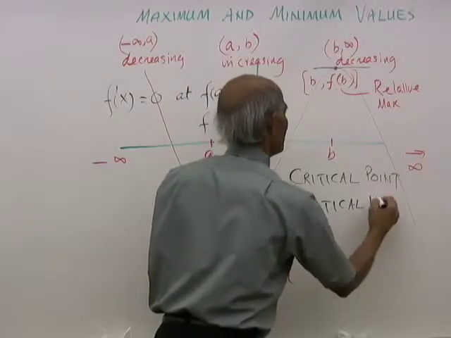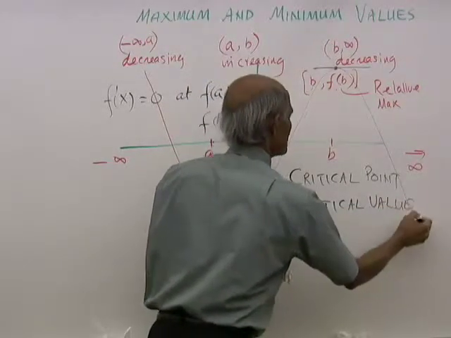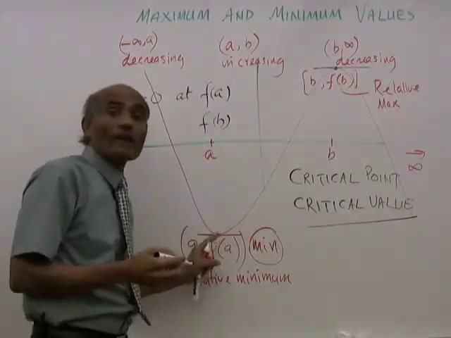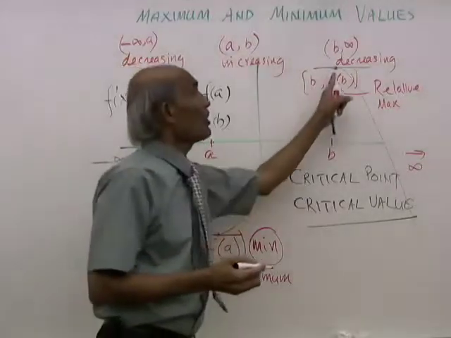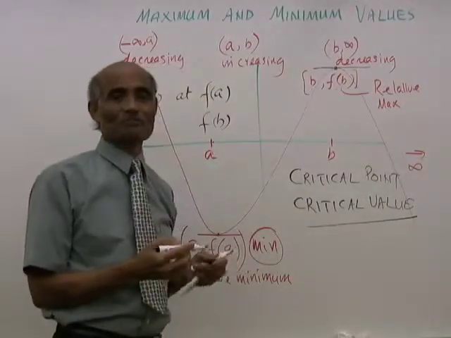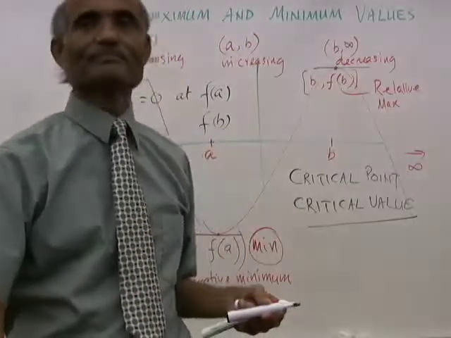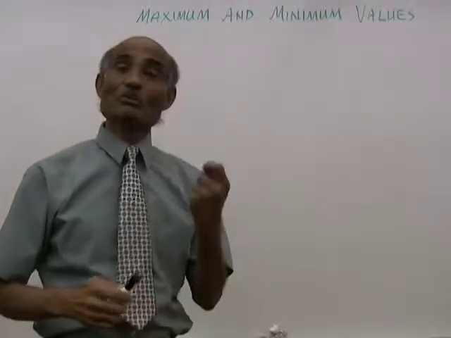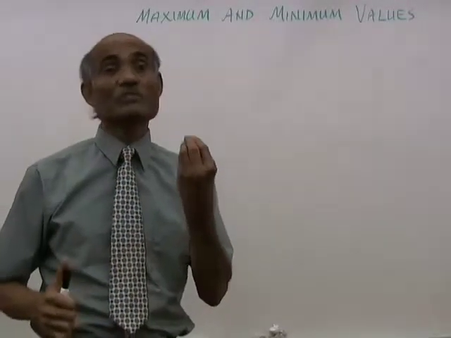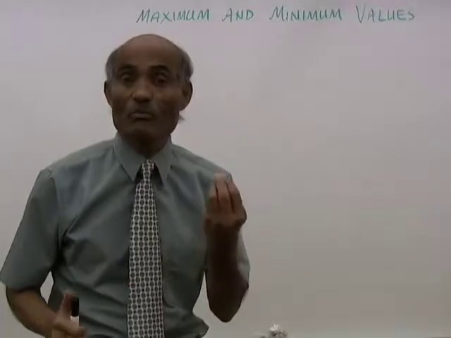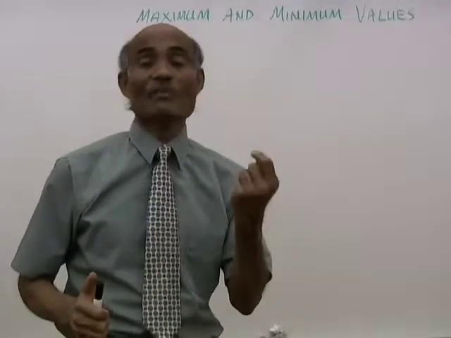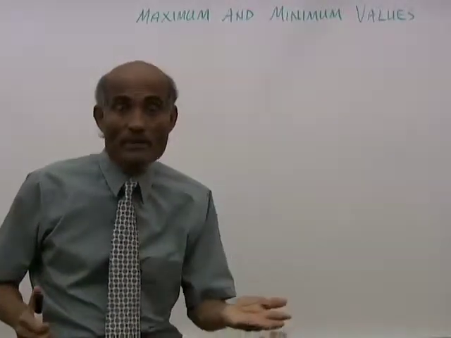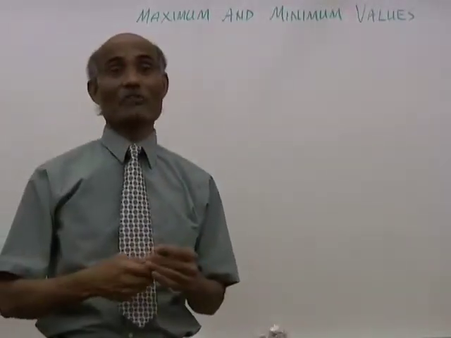So the critical value is the value of x where a relative minimum or a relative maximum occurs. So what is a critical value? We said a critical value is the value of the independent variable, the value of x, where the derivative equals 0, where you get a relative minimum or a relative maximum.